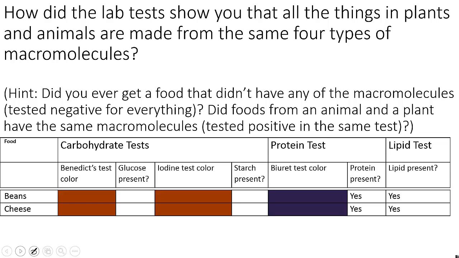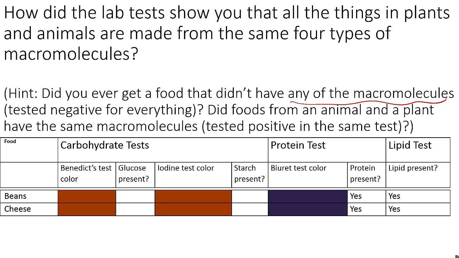So how did the lab tests show you that all the things in plants and animals are made from the same 4 types of macromolecules? Well, here's the deal. Did you ever get a food that didn't have any of the macromolecules? If you think about it, you realize that every single thing you tested, except for water, which isn't a macromolecule, tested positive in at least one of the tests.